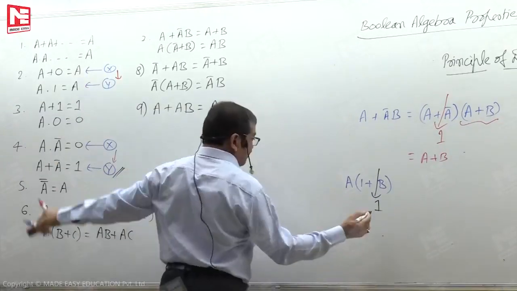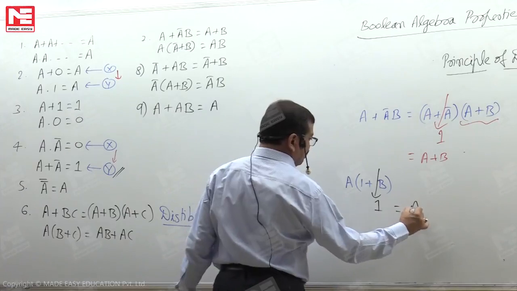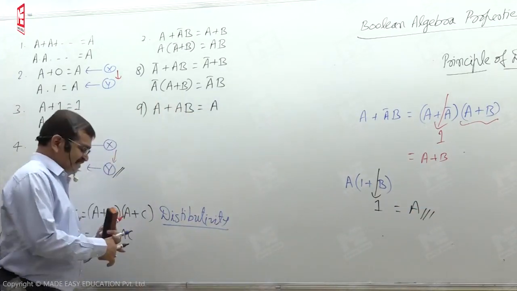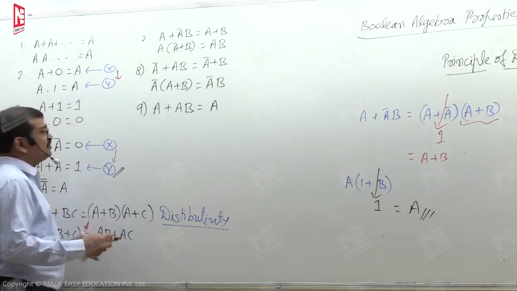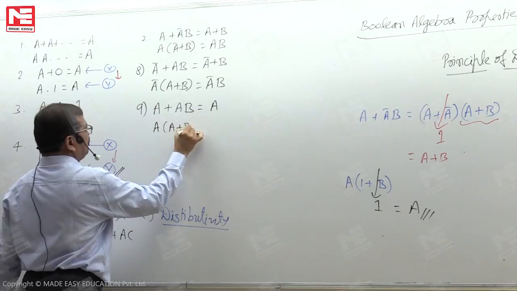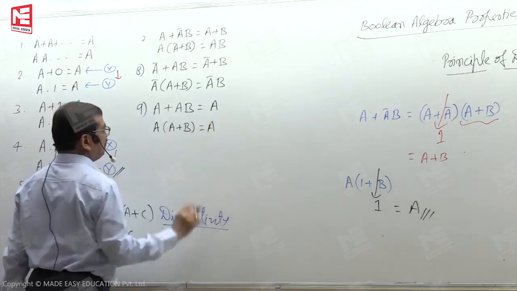From the second property, 1 and with anything is that anything, which is A. The dual for this is A and with A or B is equal to A.